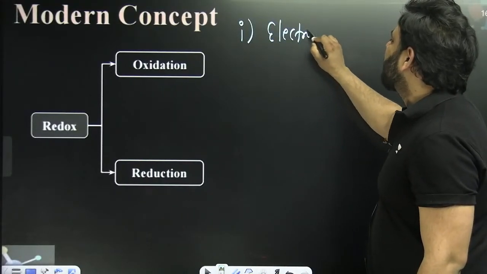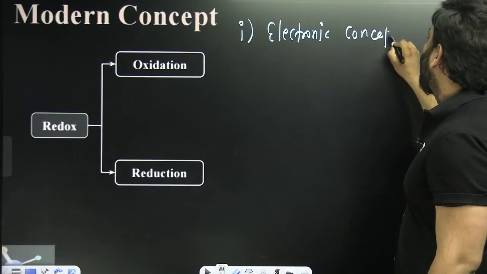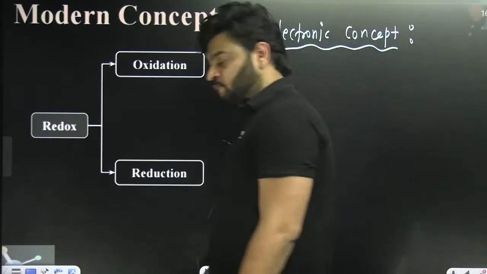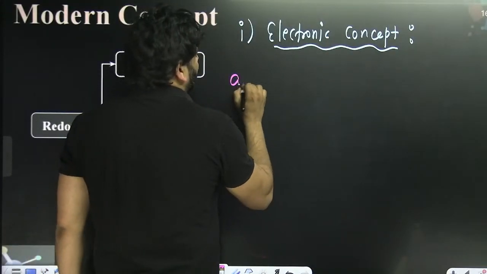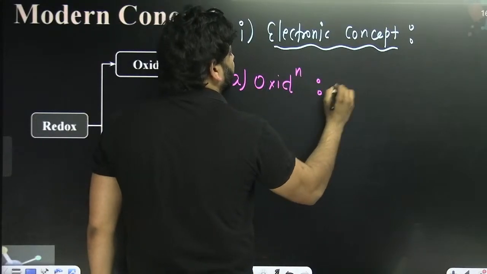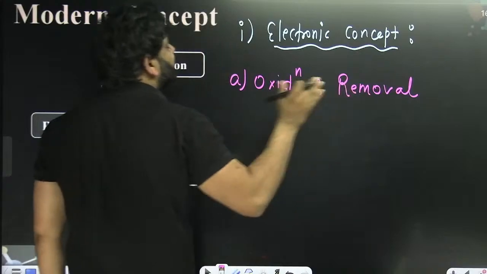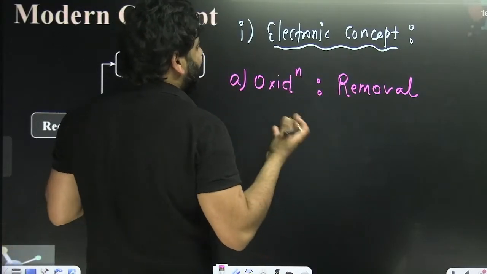Now take this idea, everybody. It's very easy to explain. Electronic concept of identifying oxidation and reduction. It's very simple: oxidation is nothing but the removal of electrons. Any substance that loses electrons, whether it is an ion, a neutral substance, an atom or a molecule.